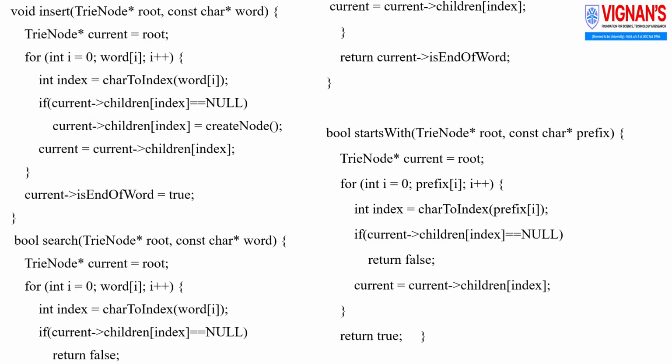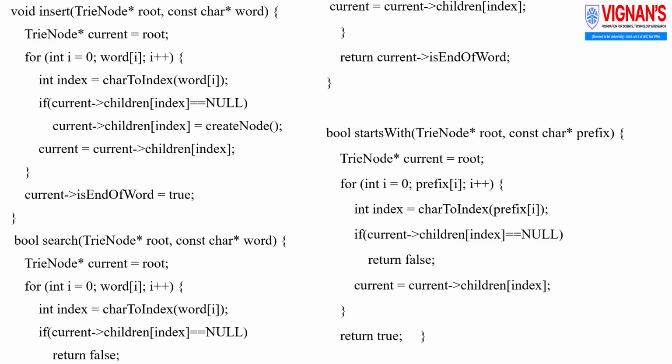Trie operations: insert, search, prefix search. This slide shows the core operations of a standard trie: insertion, searching, and prefix checking. The insert function starts from the root and processes each character of the word one by one. If a child node does not exist, a new node is created. After inserting all characters, the final node is marked as the end of a word. The search function also traverses the trie character by character.